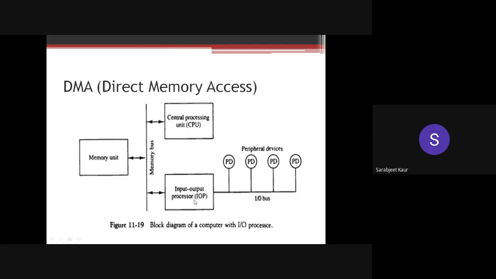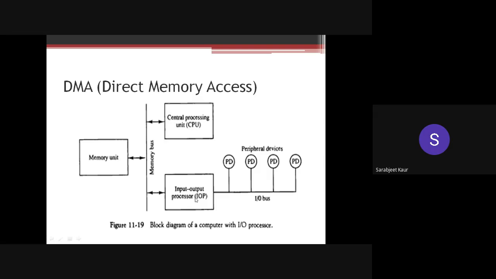It means that IOP can download its own instructions and execute them just like the CPU, except that the CPU is the central processing unit and is also responsible for many other types of programs and the arithmetic and logical computations. But IOP can only execute the programs which relate to input and output.